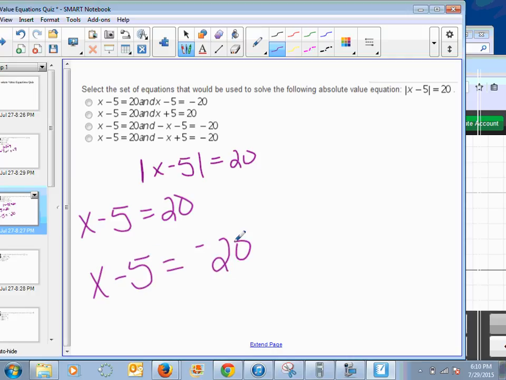Now, we don't have to solve those, not yet at least. All we're doing is saying it's one of those two equations, and that's all they're really looking for. So is that this one? I believe it is. So what you're doing, you take that thing that's on the other side from the absolute value sign, and you keep it, and you also make it a negative.